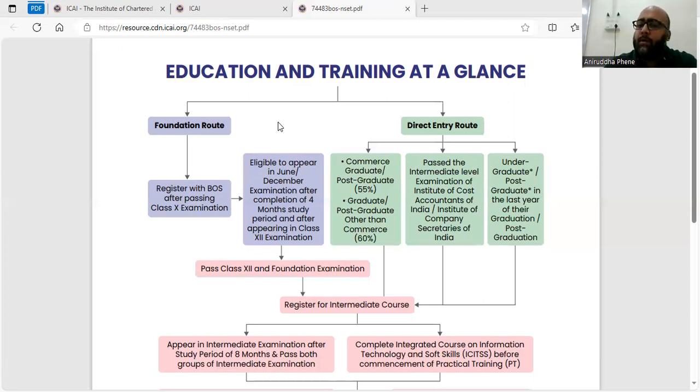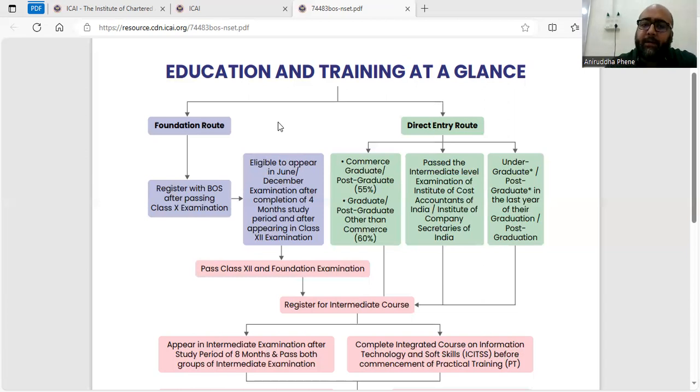Earlier, when you came through the direct entry route, that is directly after your graduation, that is after your TY for commerce students, you had to do a compulsory 9 months articleship and then you could attempt the CA intermediate exam. Now they have changed it.